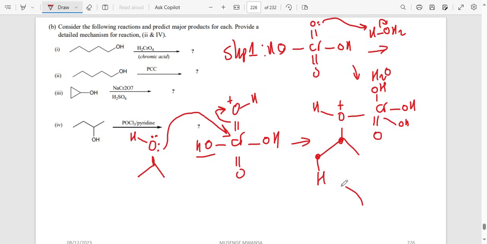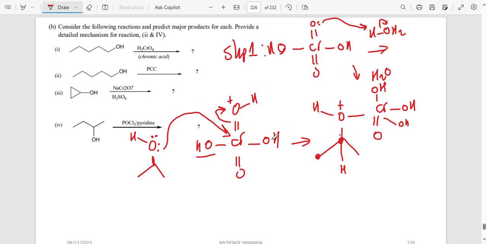So if I grab this hydrogen, this bond breaks, and then this bond breaks. But that is not what happens for oxidation. Such a hydrogen is called a beta hydrogen. In oxidation, we grab an alpha hydrogen. We grab a hydrogen bonded to a carbon that is having our leaving group.